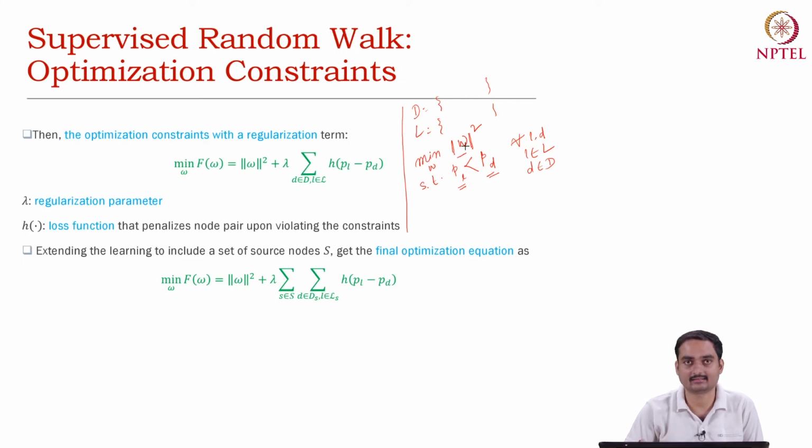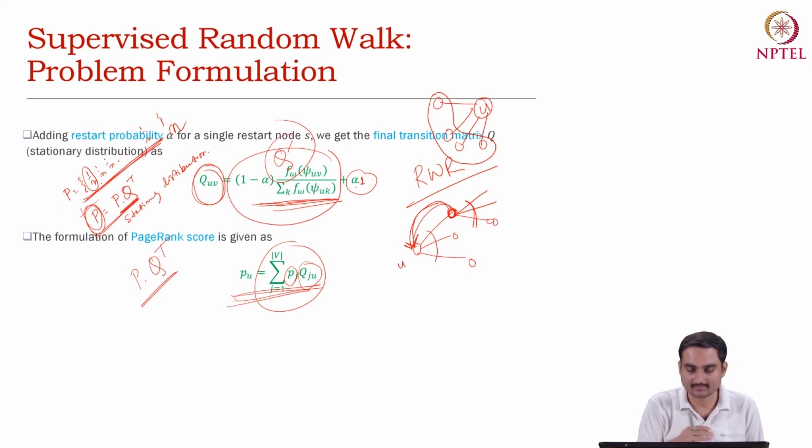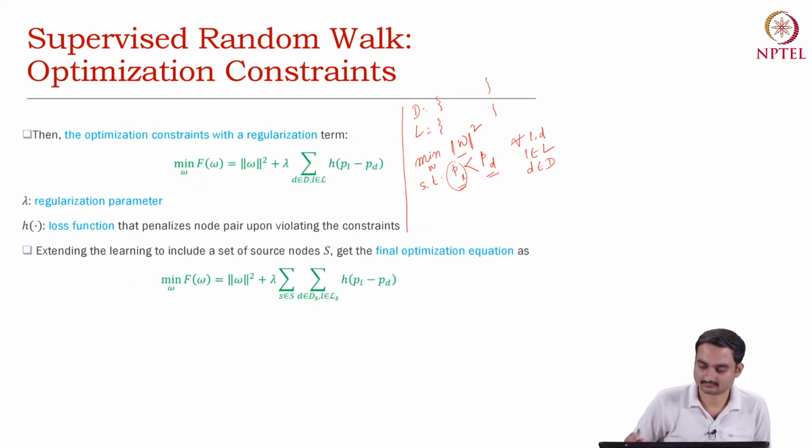So the entire thing, remember, how do you calculate P? We calculate P based on Q. I am actually moving backwards. P is dependent on Q, Q is dependent on F, and F is a function of W. So ultimately P is also dependent on W. So we minimize it.